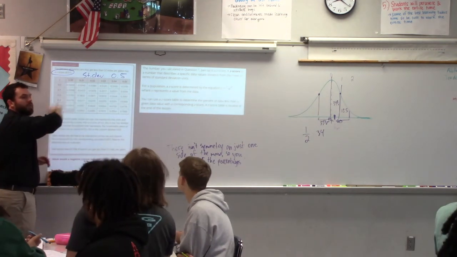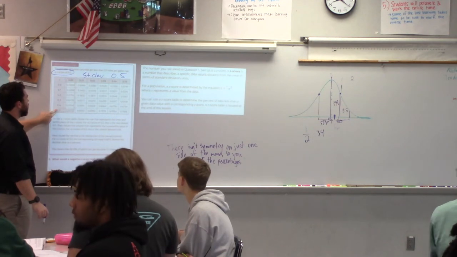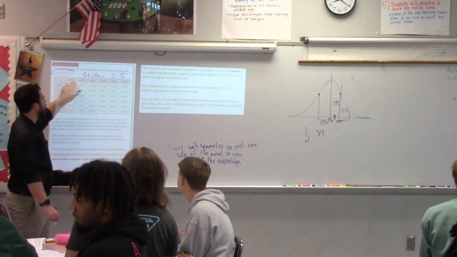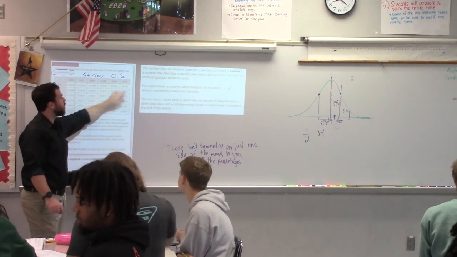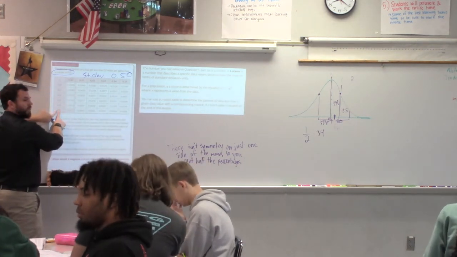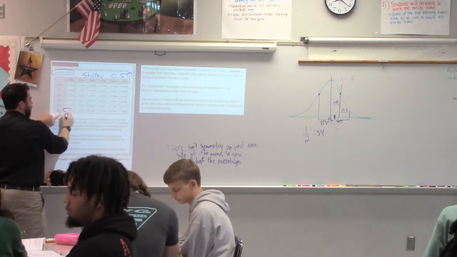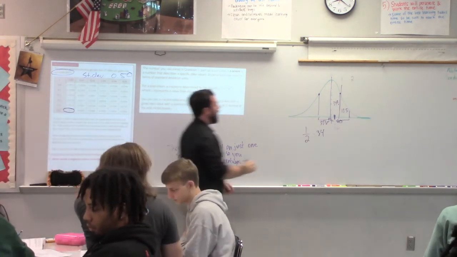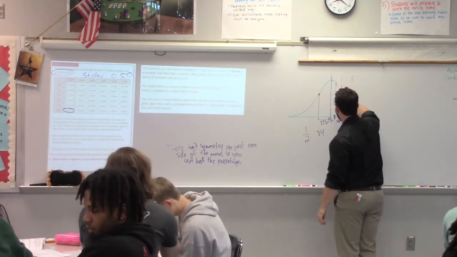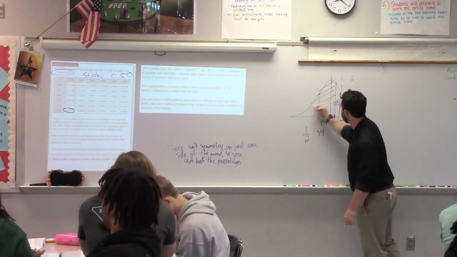When you come to a table like this, you'll notice that the tenths is vertically and the hundredths is horizontally. So for 0.50, I come down to 0.5 on the z, and this 0 in the hundredths. This is how that table works. Here's 0.5, here's everything to the left.